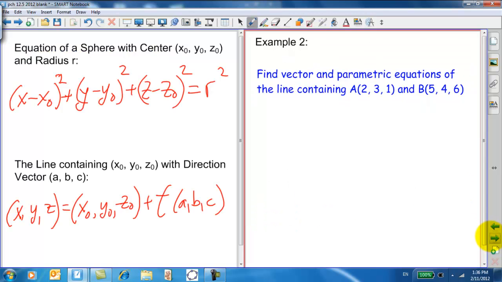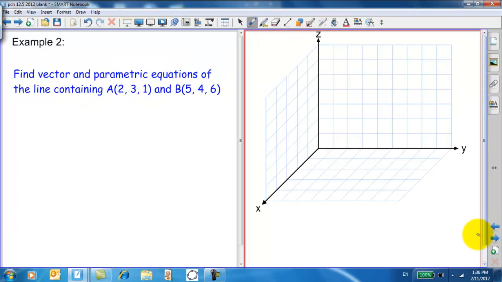There you go. So find vector and parametric equations for this line containing A, which is (2, 3, 1), and B, (5, 4, 6). This time, let's try and just do a quick picture here. 2, 3, 1. That's our point A. And B is at 5, 4, and 6 is about the whole height of that thing, so it's up here.